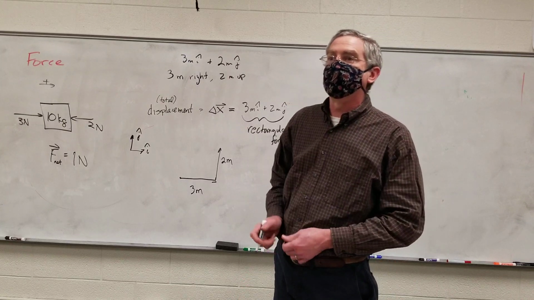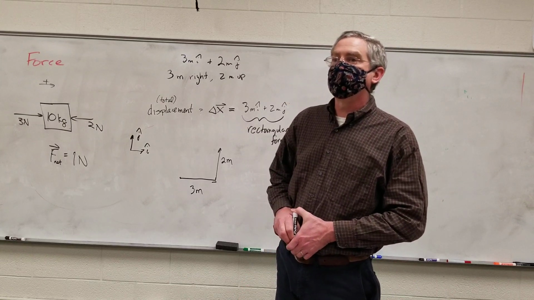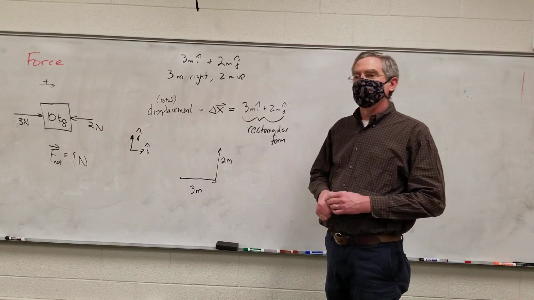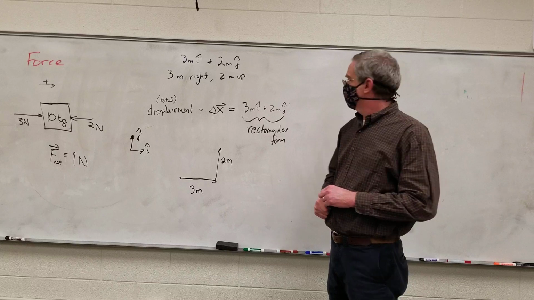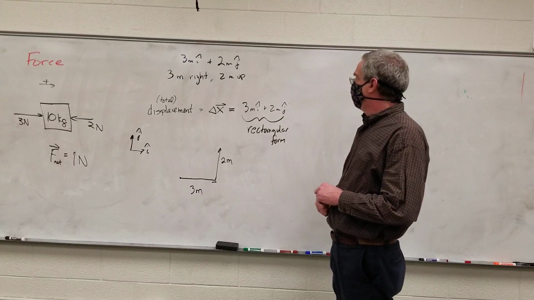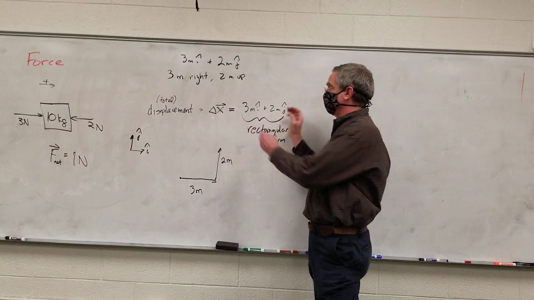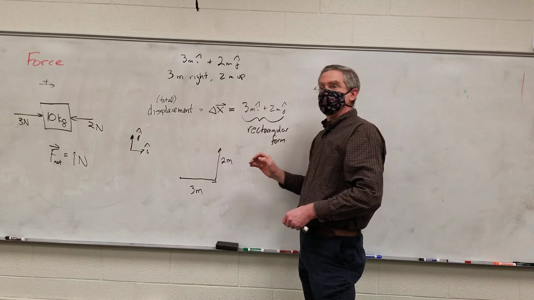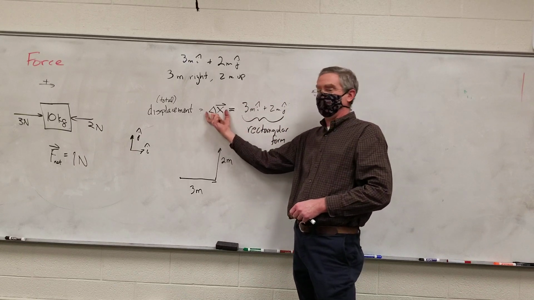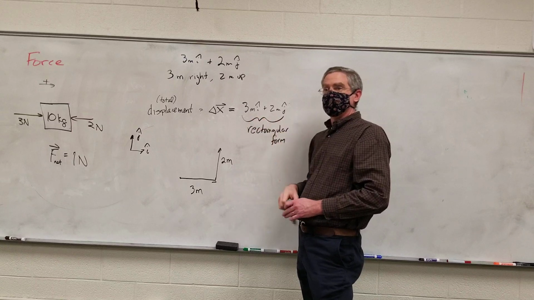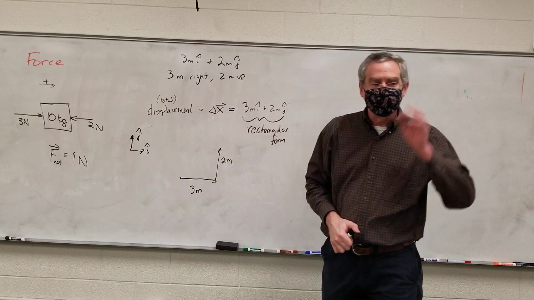So the answer, were we supposed to put the delta above it, or in front? Are you confused on that? So that would go above the answer. You would, as far as the answer, just write that. The symbol for this whole thing means displacement.